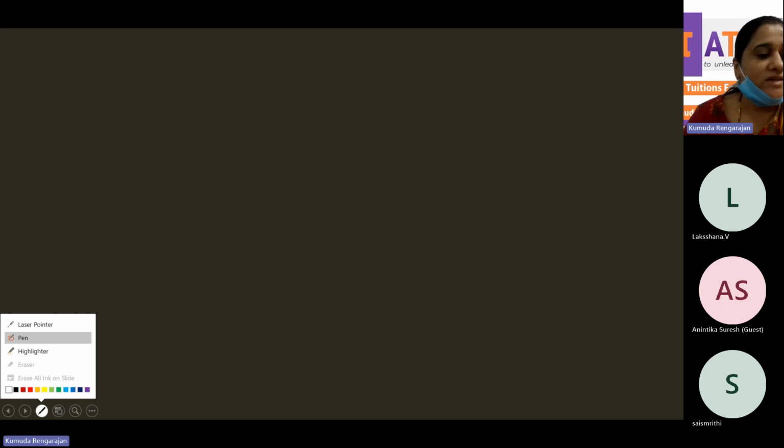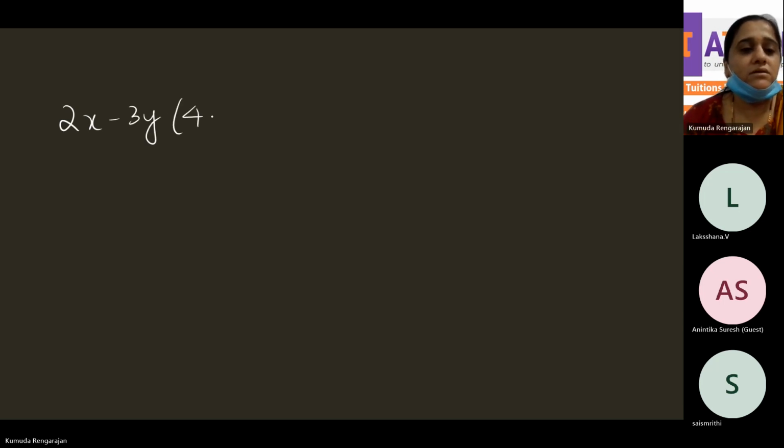Now tell me the difference between these 2 children. Sai Smriti, this is particularly for you. Are you there? Yes, ma'am. Now see here. Tell me if there's a difference between this and this.